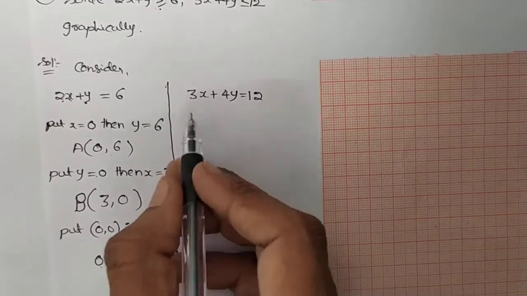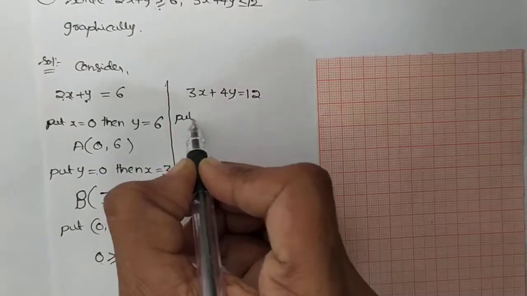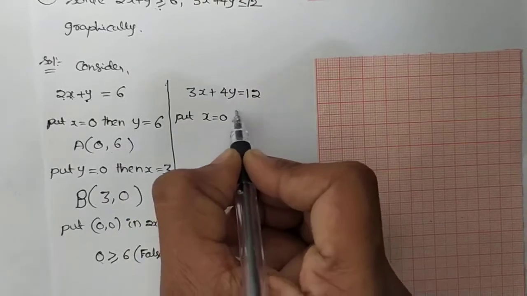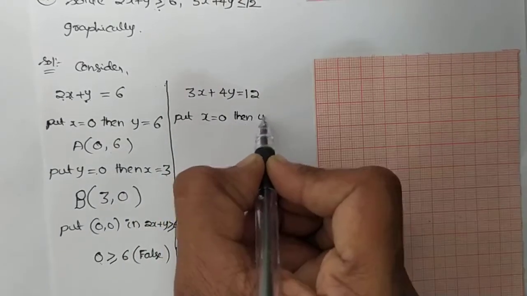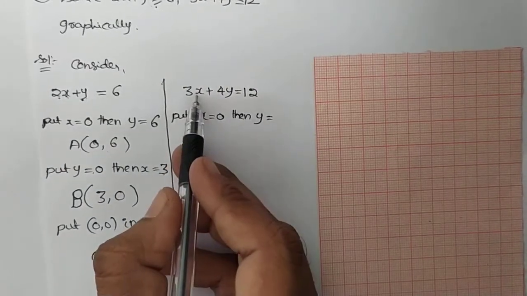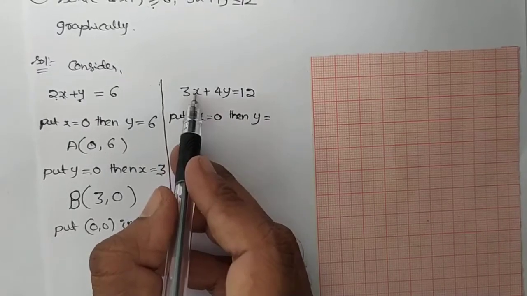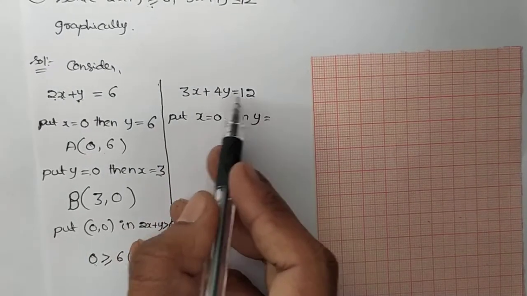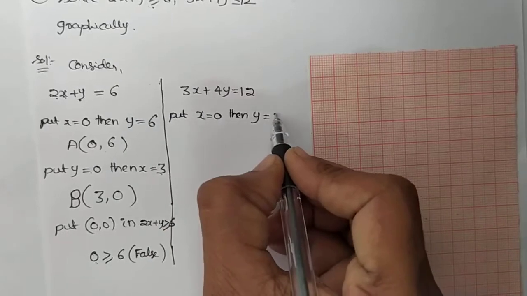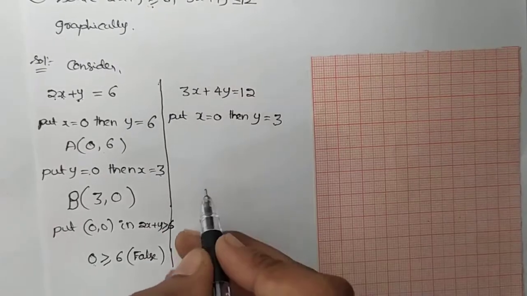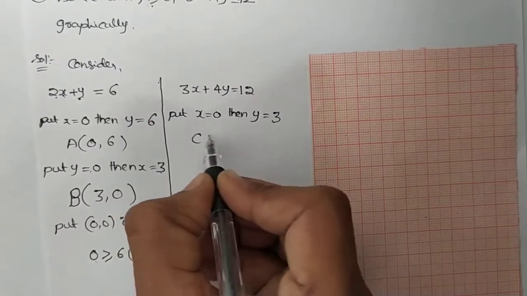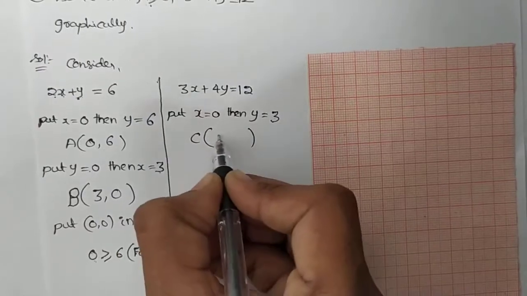Similarly, solve this inequality. Put x equals 0, then y equals what? 3 into 0 is 0, 4y equals 12, y equals 3. This point C will be 0 comma 3.